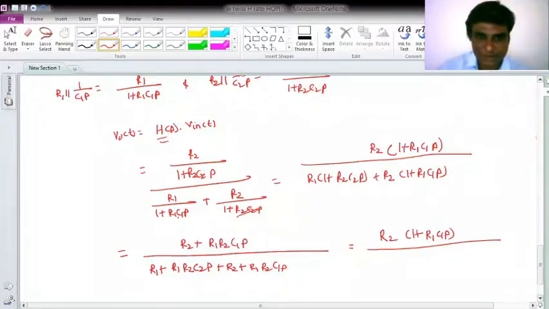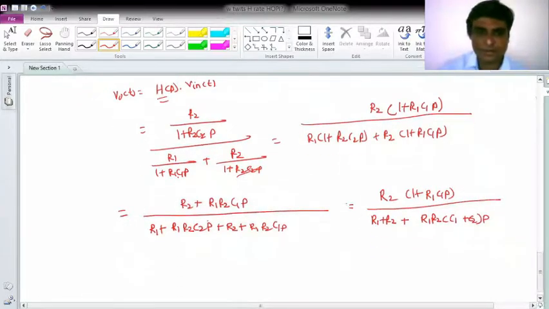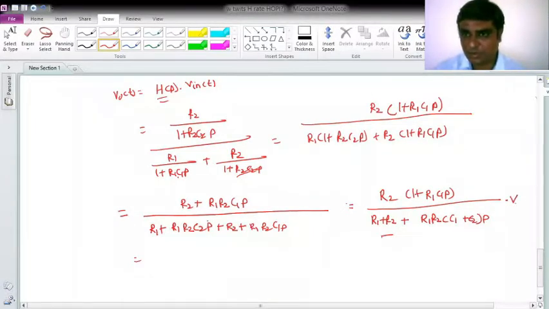I will take it common, so it will be R1 plus R2, and this will be R1 R2 and C1 plus C2 times p. This is the resultant. Okay, so here I can say this is my H of p into Vin of t.